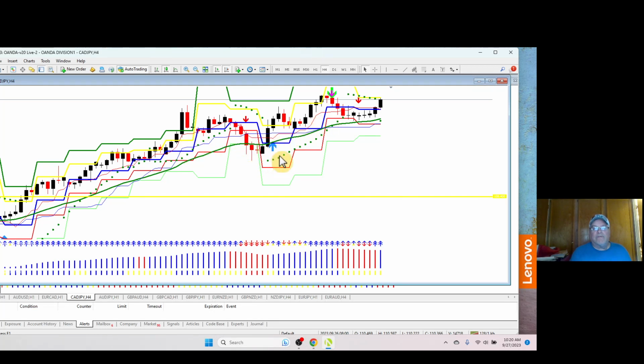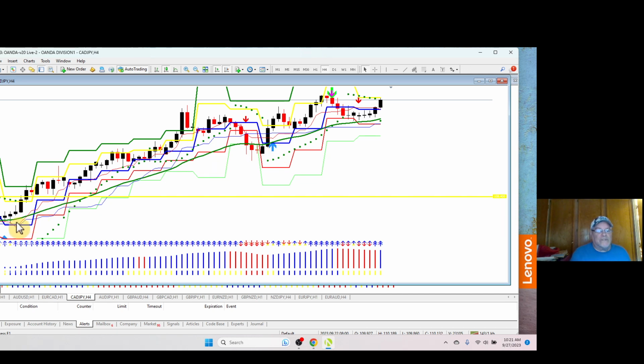These little dots, or parabolic, sorry, you can get those anywhere. This green line is a 21 EMA moving average. You can get that anywhere. These are what I created, those arrows, and these arrows, they're trend following.